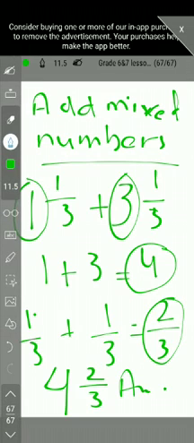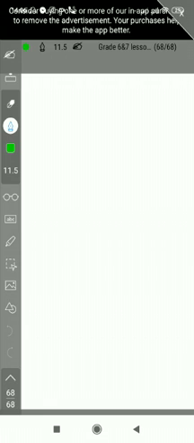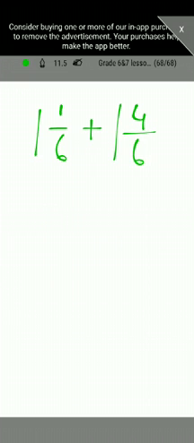Okay, let's do one more example of addition of mixed numbers. Let's suppose you have 1 whole 1/6 adding with 1 whole 4/6, right?